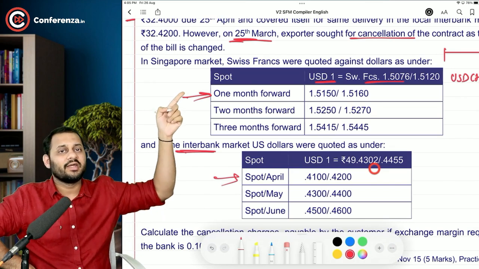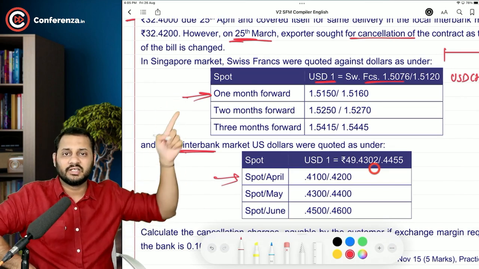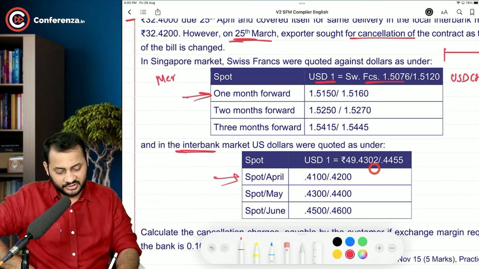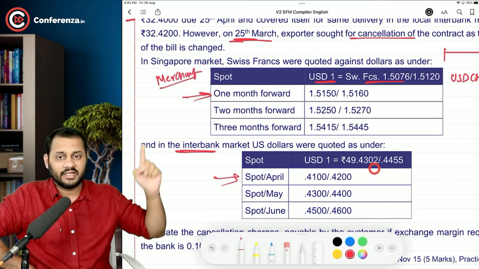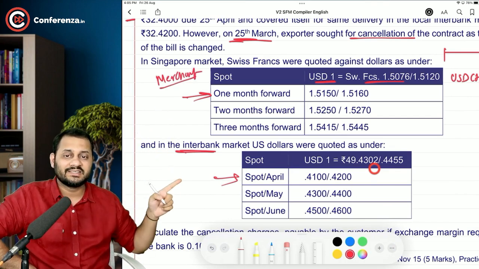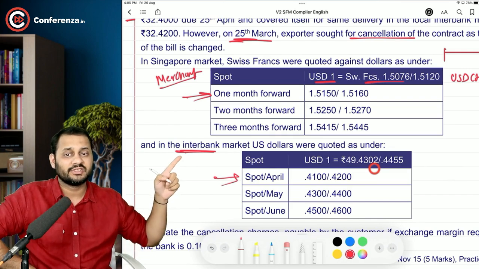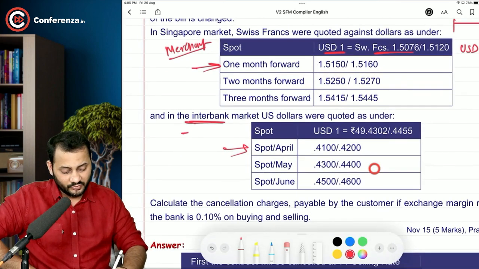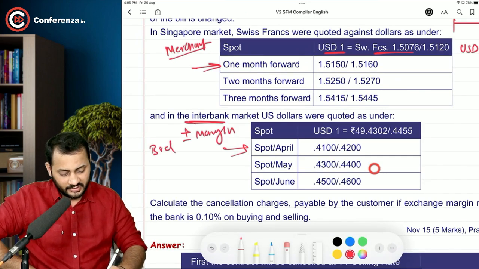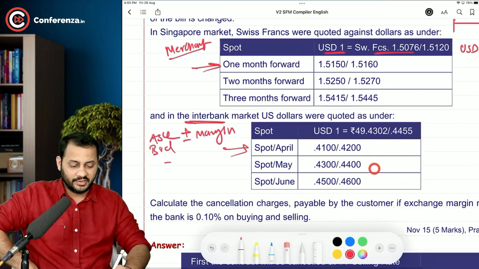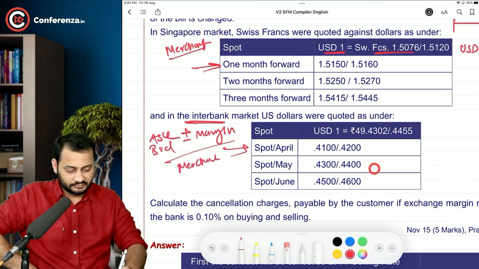This is not an interbank rate, this is an interbank rate. What is the difference? This is a merchant rate that can be directly applied to the exporter, but this cannot be directly applied to the exporter because it is an interbank rate. That means you will have to add or deduct the margin. Deduct the margin from bid and add the margin in ask to make them merchant rates.